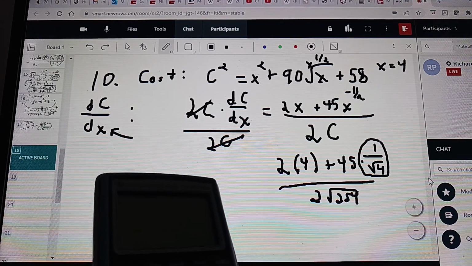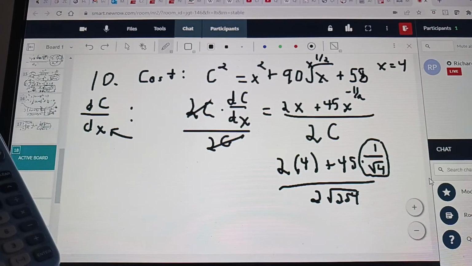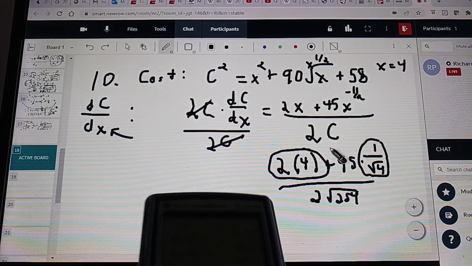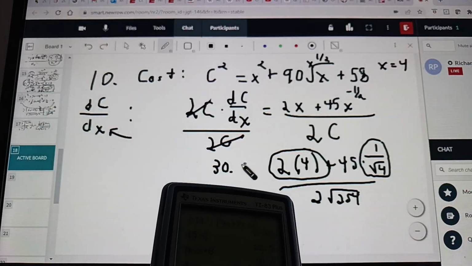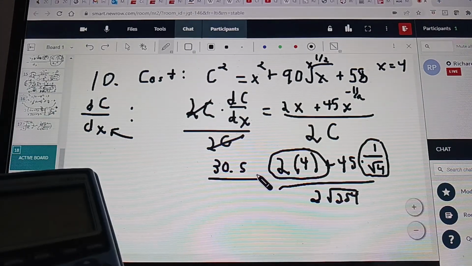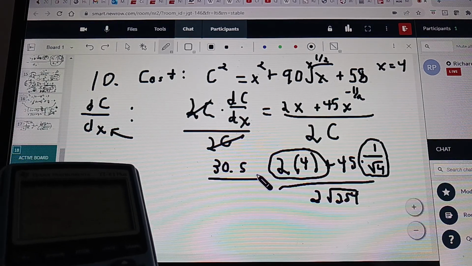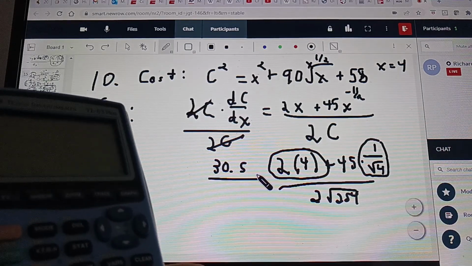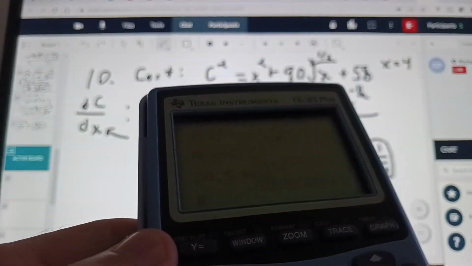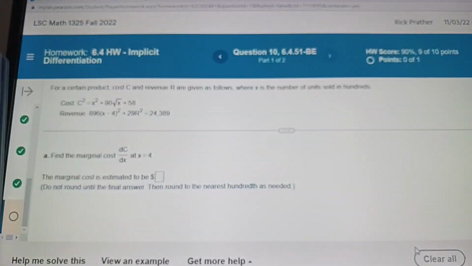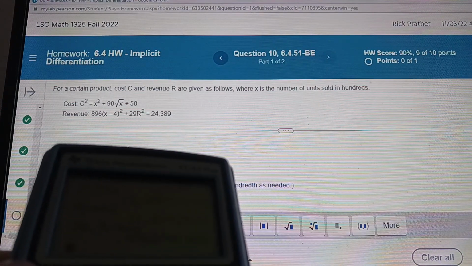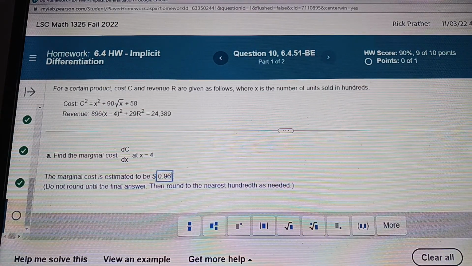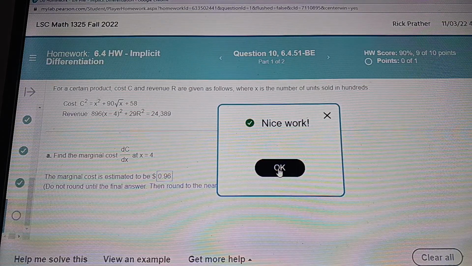Half of 45 is 22.5 plus 8. So the top of the fraction would be 30.5. Square root of 254 times 2. The bottom of the fraction is messy, but if I do 30.5 divided by that full answer, then round to the 100th, I just got 0.956. That would round to 0.96. 956, so that bumps up to 96.